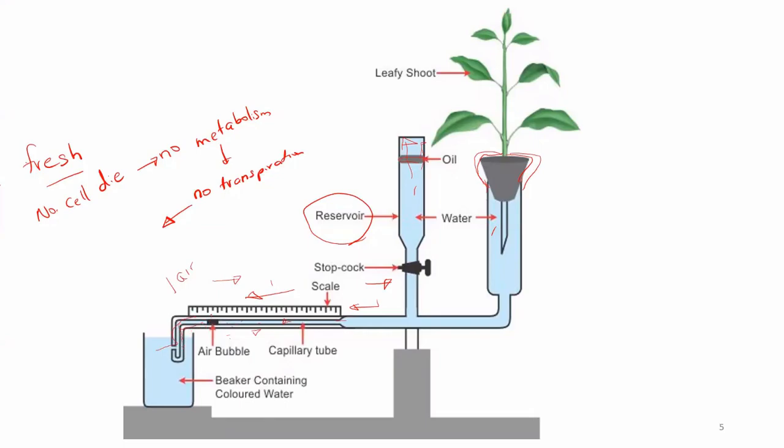With the naked eye you can't see the air bubble clearly, because it is not white, it is transparent. So sometimes you can't see it clearly. That's why if you go for colored water, this area has one color and this area has no color. So you can easily get the reading, isn't it? Yes, ma'am. So in this direction.